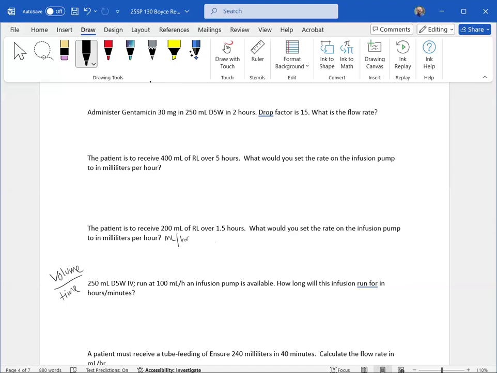So the way you're going to set this up is you're just going to take your volume, 200 milliliters, over your time, 1.5, and then you're going to reduce that just by taking 200 divided by 1.5. So 200 divided by 1.5, and we're actually going to get 133.333333. And so what they're looking for you to do is to reduce that to 133.3 ml per hour.